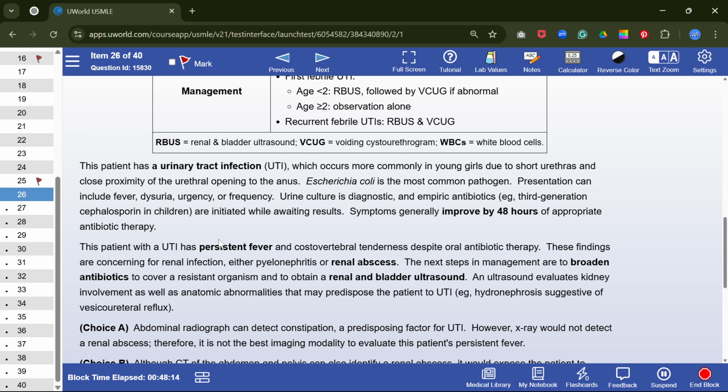The next step in management is to broaden antibiotics to cover a resistant organism and to obtain a renal and bladder ultrasound. An ultrasound evaluates kidney involvement as well as anatomical abnormalities that may predispose the patient to UTI, such as hydronephrosis, suggestive of vesicoureteral reflux.